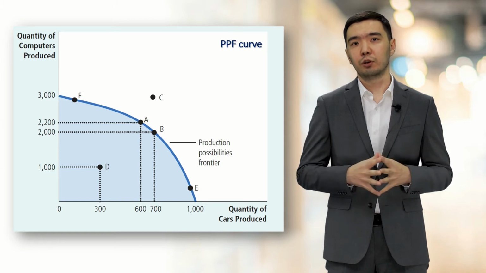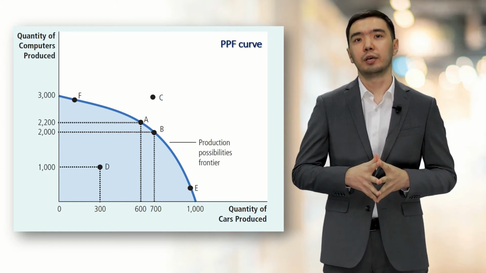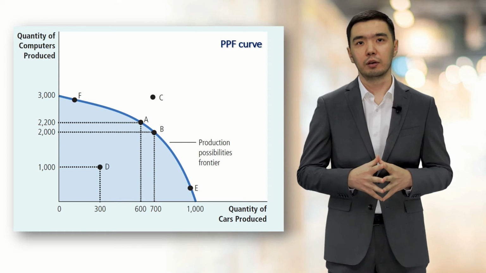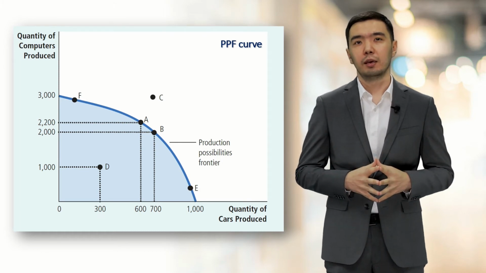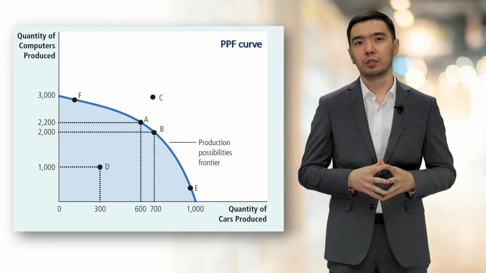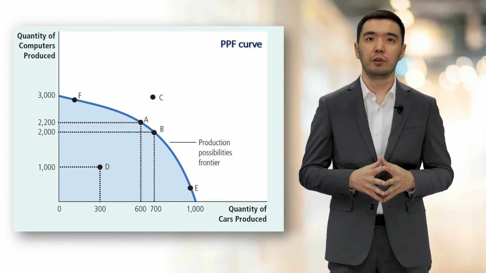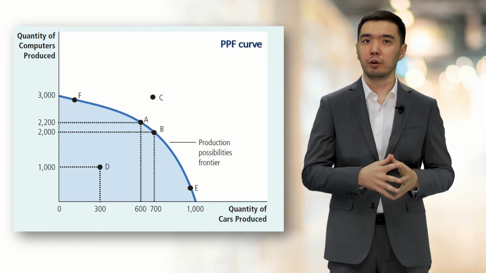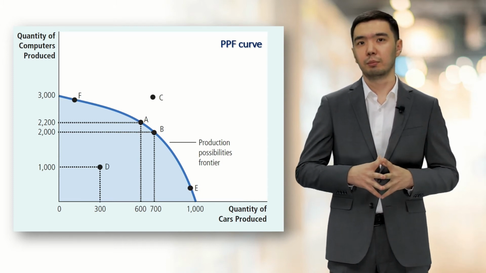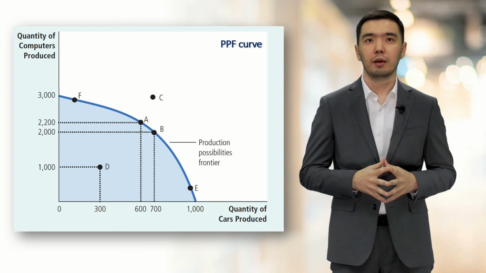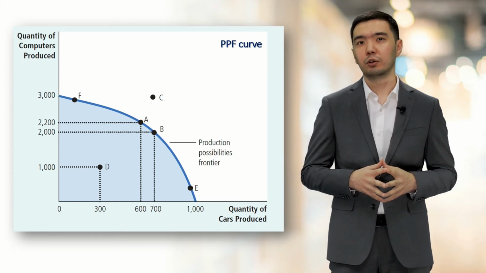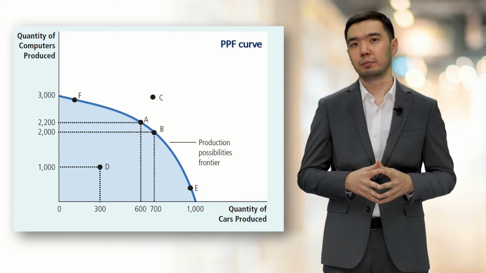This figure shows this economy's production possibilities frontier, or the PPF. If the economy uses all its resources in the car industry, it produces 1,000 cars and no computers. If it uses all the resources in the computer industry, it produces 3,000 computers and no cars. The two endpoints of the curve represent these extreme possibilities.